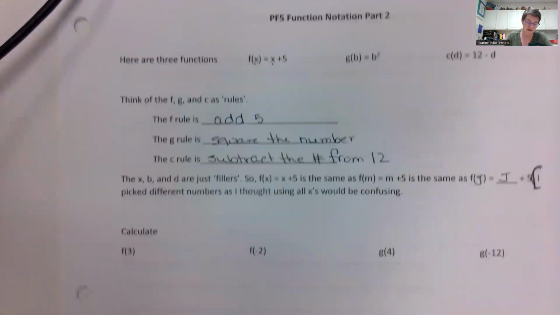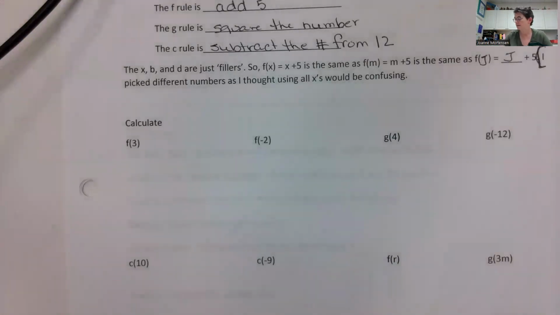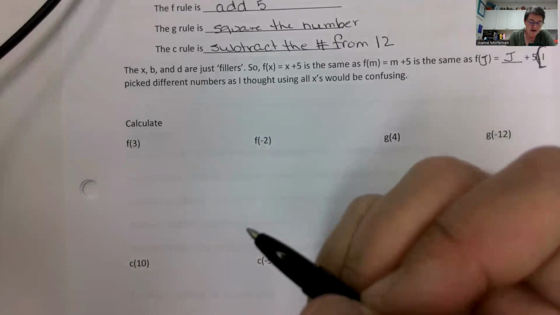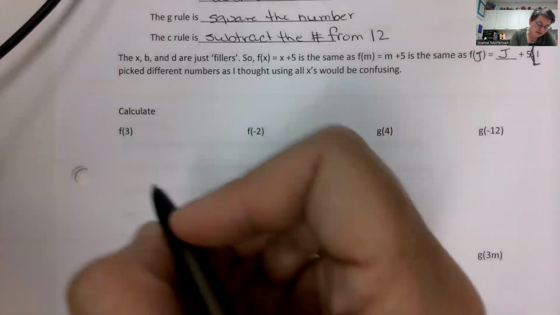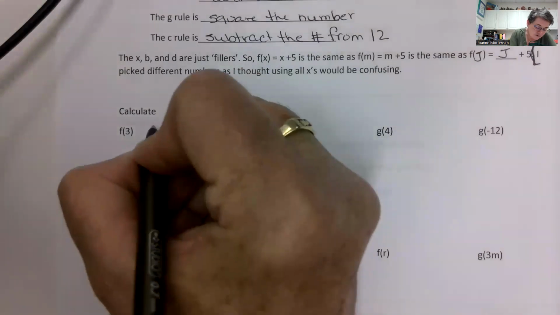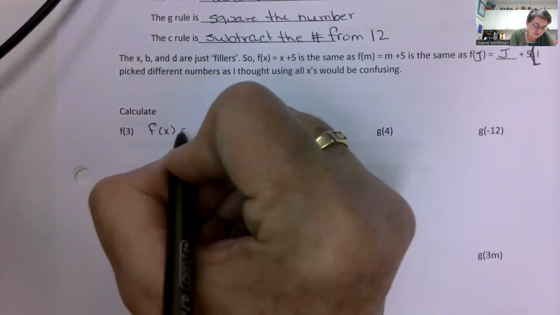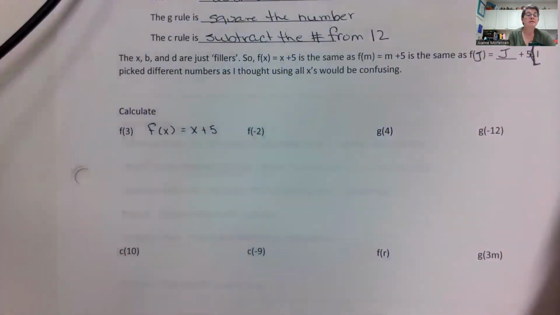All right, let's do some calculations. I'm going to do it the best way I know how, which means I'm always going to rewrite my original equation. It doesn't take that long, and it makes it easy.